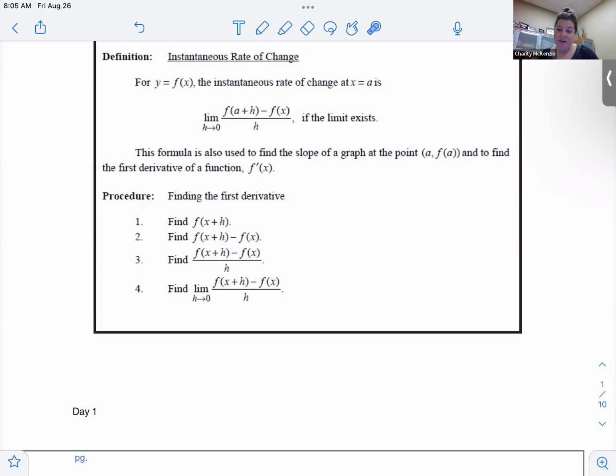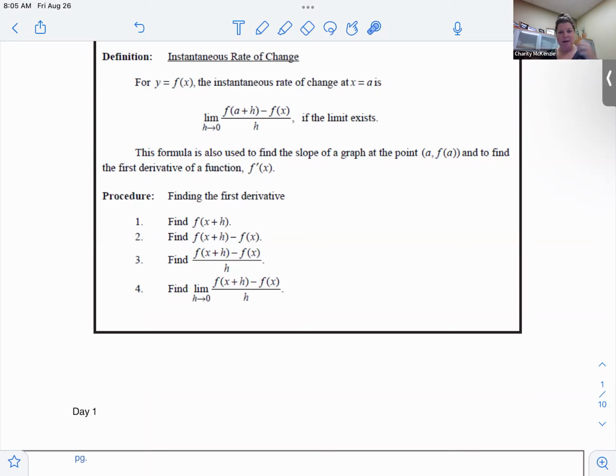It also, for velocity, for that physics piece, the derivative is the velocity of an object at a specific time, which x would be your time. So 2 seconds, what's the velocity of that ball you just threw? Things like that. Okay. It's also the change in y over the change in x. So that should sound like slope.